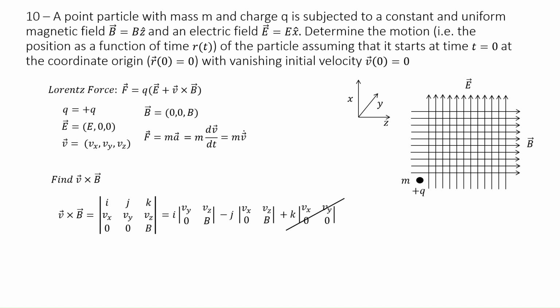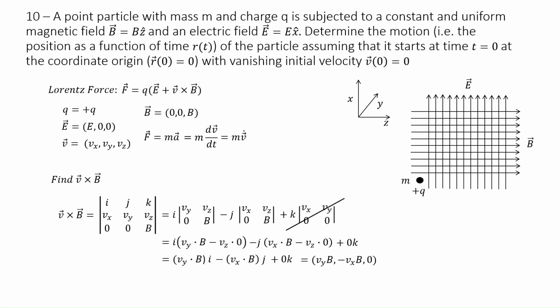But i and j do have components, and these are written as vy times B minus vz times 0, and minus j, vx times B minus vz times 0, and you've also got your 0k. These simplify to vy B i minus vx B j and 0k. So here we have our solution for v cross B, and we're going to put that to the side and use that later.